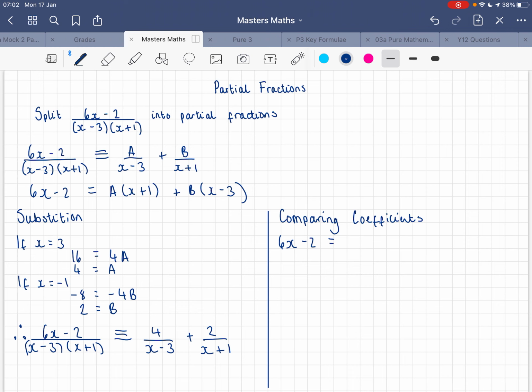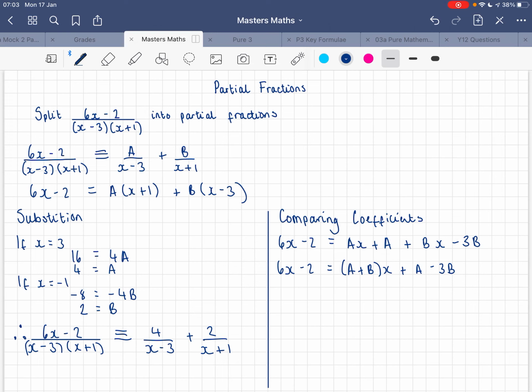Is equal to ax plus a plus bx minus 3b. And then I'm going to collect all of the like terms. So I have 6x minus 2 is equal to, I've got ax plus bx, which is (a plus b)x. And then I've got a minus 3b.